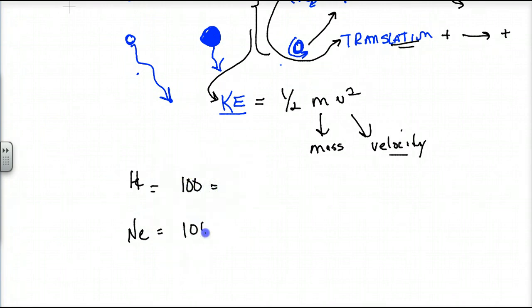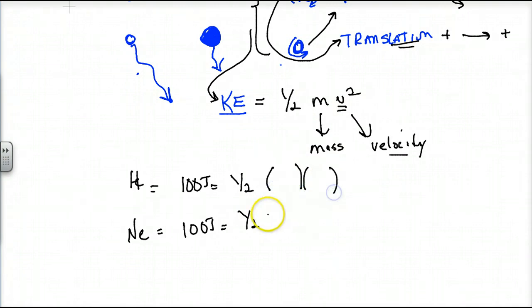So they both have 100 units of kinetic energy, 100 joules, because kinetic energy is a unit of energy, so these would be joules. And it's both 1/2 m u squared, or v squared. Many people use different words for that velocity. We'll just keep it as v squared.